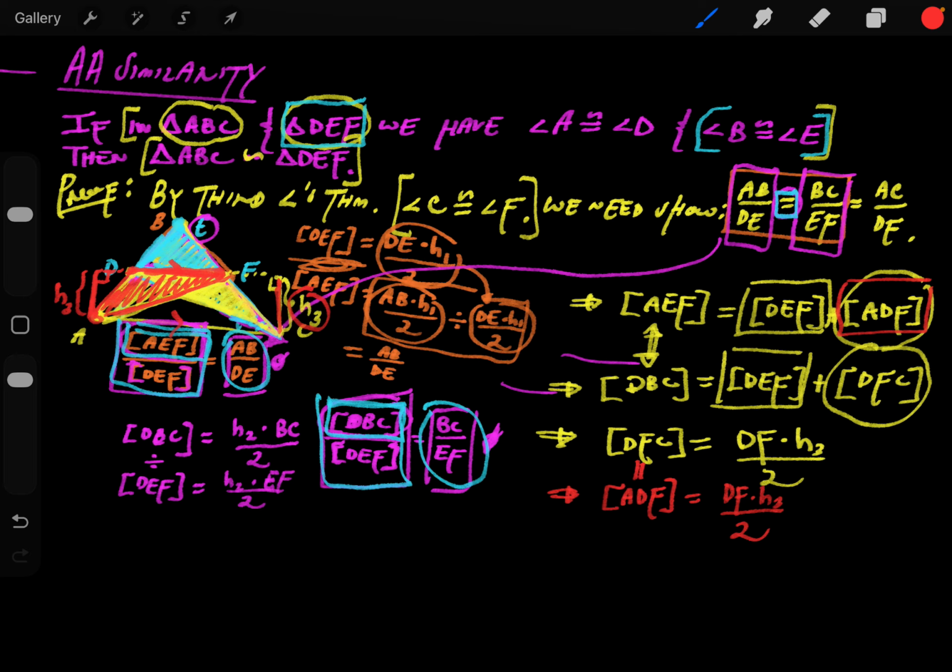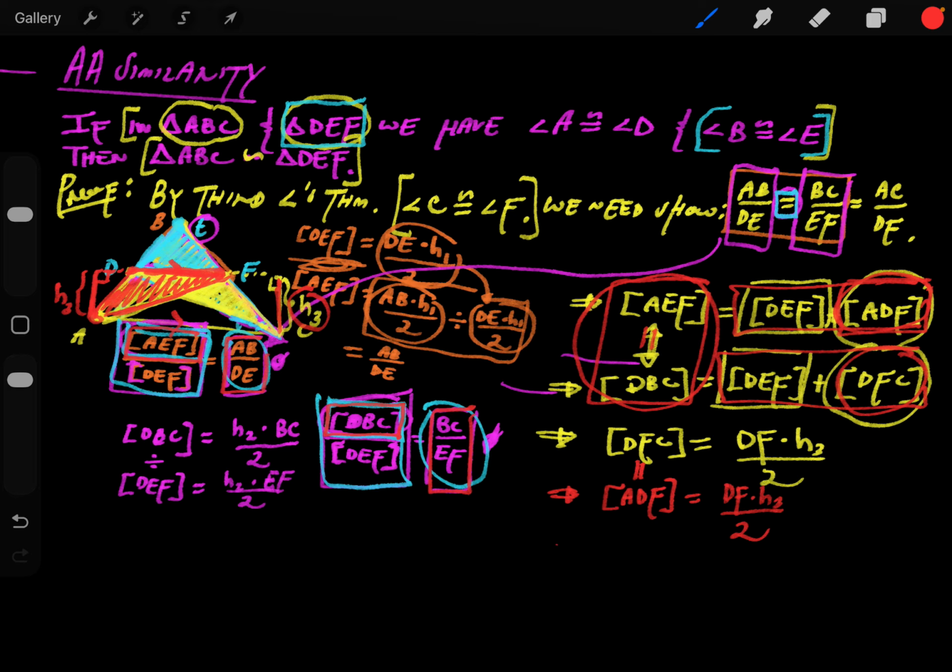And then if these two things are equal, then these two things are equal, because this is the same as this. So clearly then this is going to be the same as this, which means that these two things are the same. And then if these two things are the same, then that means that this is the same as this. And then that means that this is the same as this.